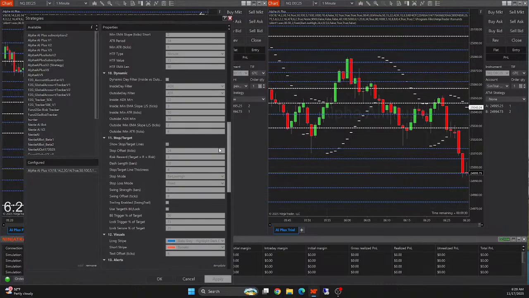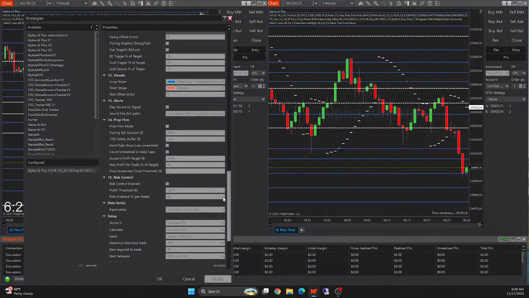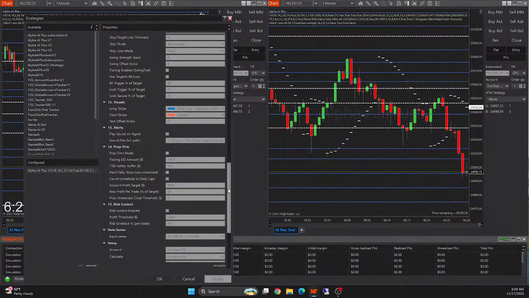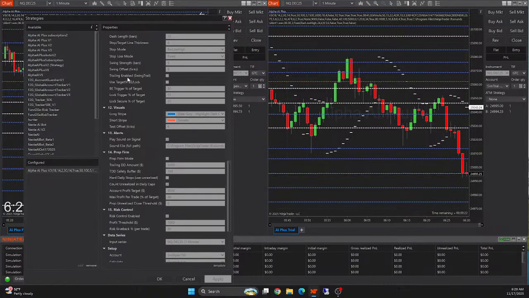So I'm gonna explain everything in detail today, but if you guys can see here, I'll show you in a moment. You see this? We can also use target break even. Like once we hit a specific percentage of the target, let's say your target is 600.